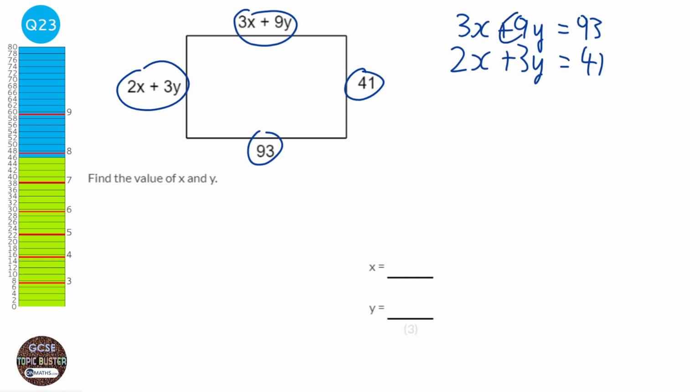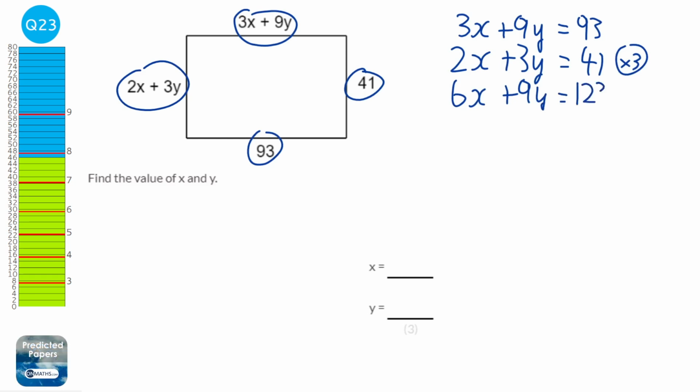So what I'm going to do is get the coefficient of the y the same. And I'm going to do that by multiplying everything in the second equation by 3. So we get 6x plus 9y equals 123. And I'm just going to write in the first equation underneath, because with simultaneous equations we work downwards.